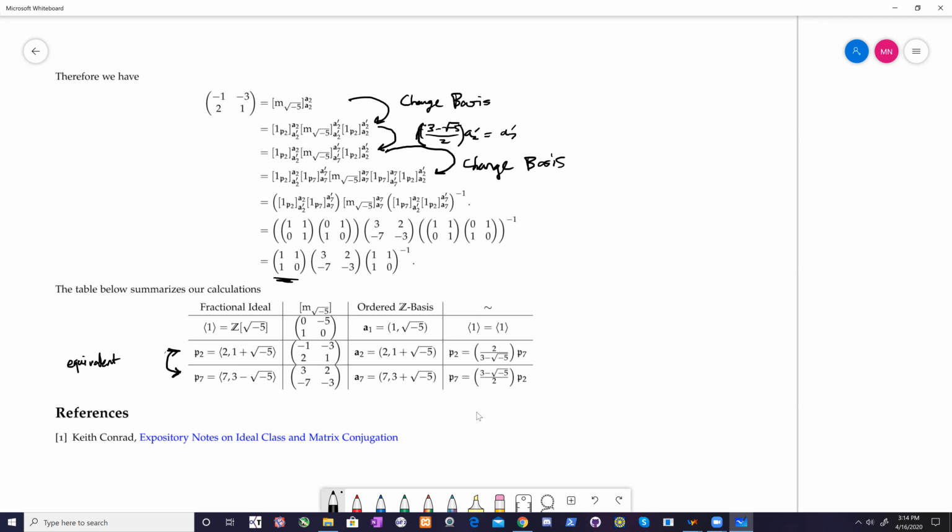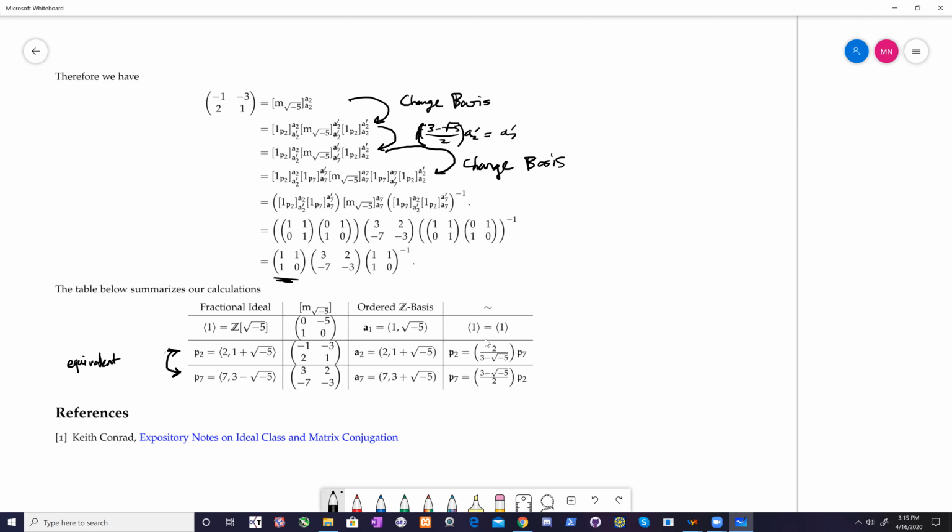What I mean by that is that the ideal class for P2 is the same as the ideal class for P7, and also the conjugacy class of this matrix here is the same as the conjugacy class of this matrix here. But for 1, we don't have the same. We cannot conjugate this matrix here to this matrix here.